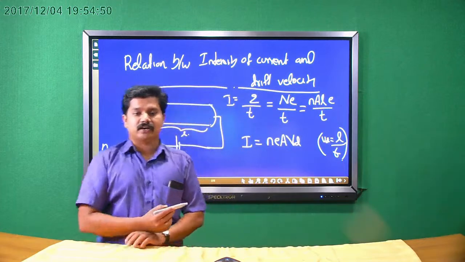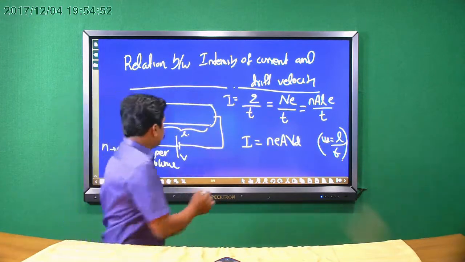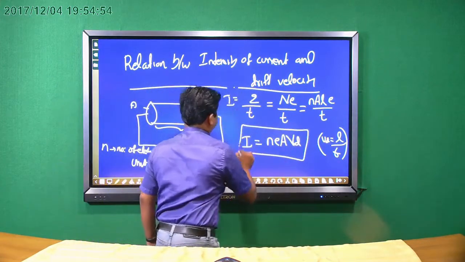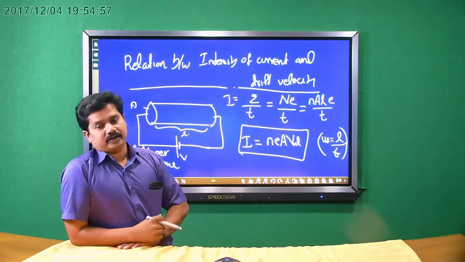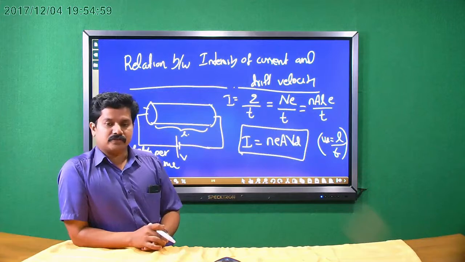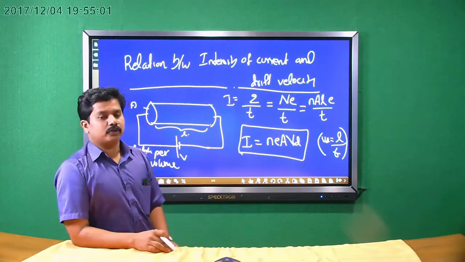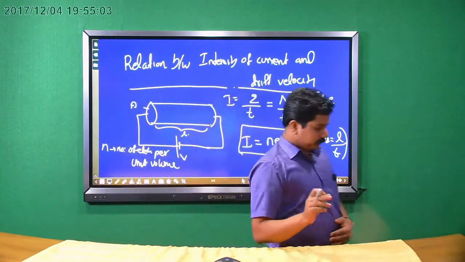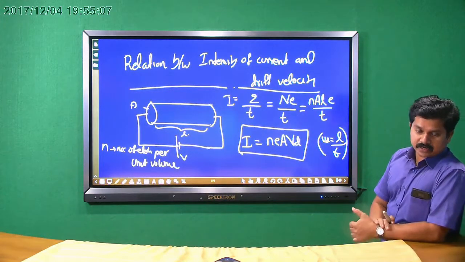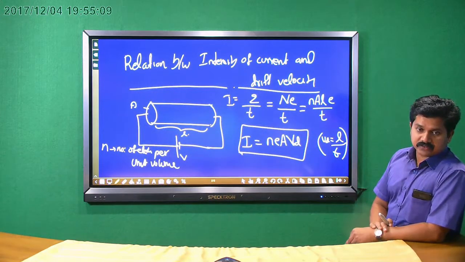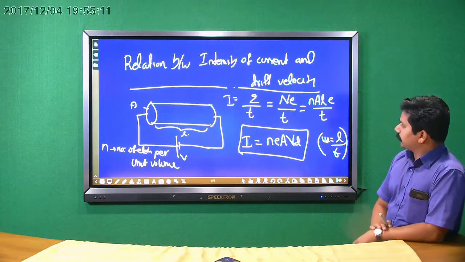This is the expression for the intensity of the current in terms of drift velocity. n is the number of electrons per unit volume, e the charge of the electron, A the area of cross section of the conductor, and Vd the drift velocity. Okay.